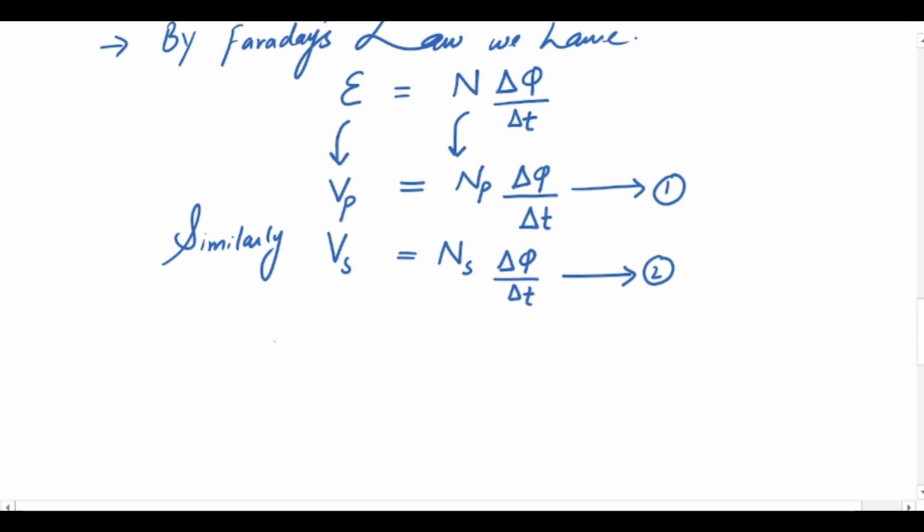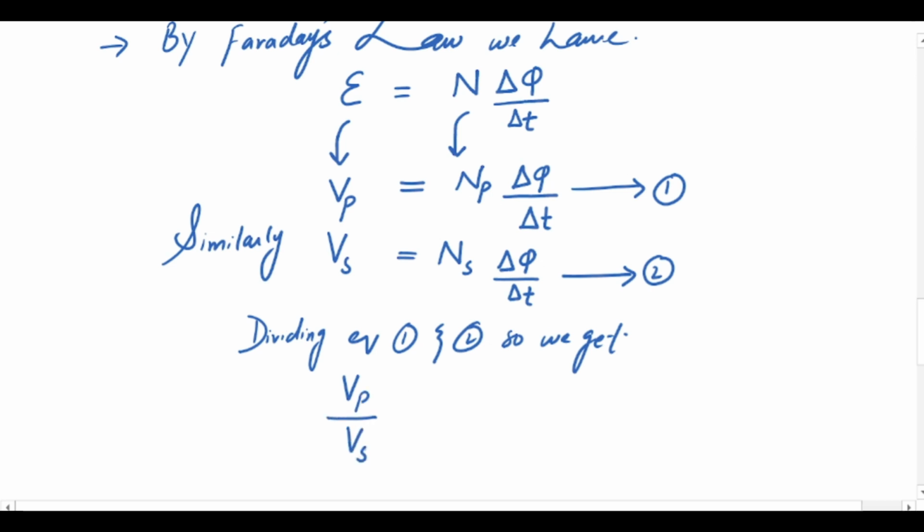No, sir. Now dividing equation 1 and 2, we get, on the left side VP over VS, and on the other side in the numerator we have NP delta phi over delta T, and in the denominator we have NS delta phi over delta T. So delta phi over delta T will be cancelled.